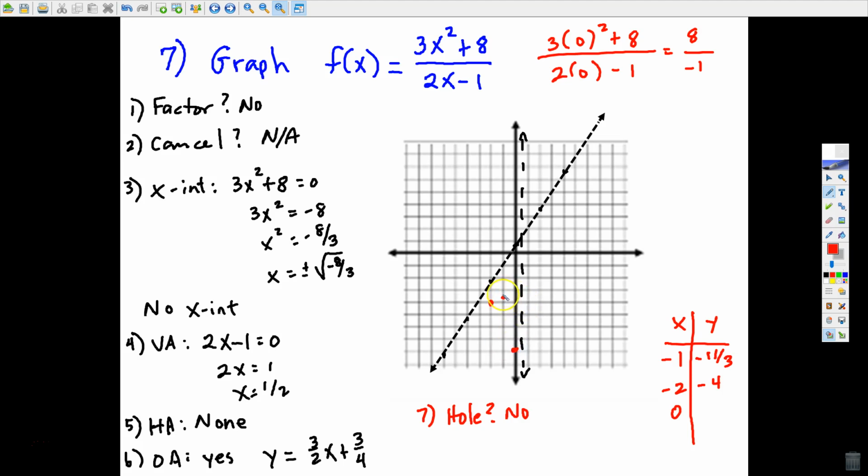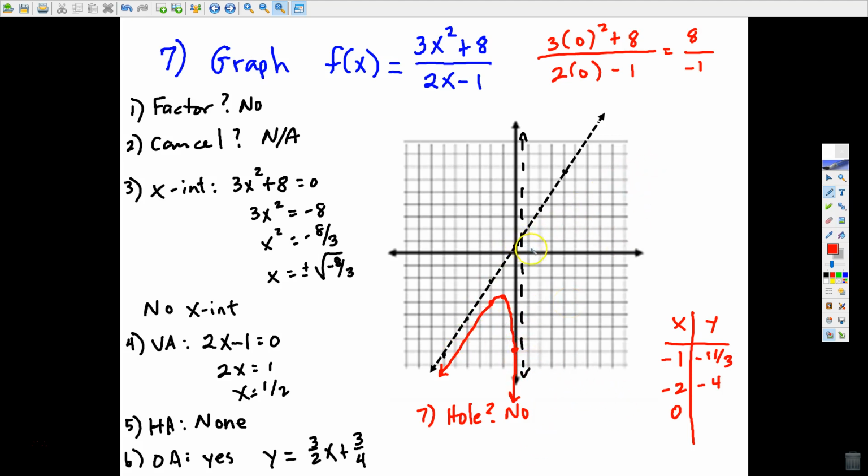And as you can tell, I chose numbers on either side of -1. So -1, -11/3 will be the highest point on this little graph section. And we're going to trace forever going this way. And then I'm going to hit this point and follow the vertical asymptote forever down. So that gives me one of the graph sections.